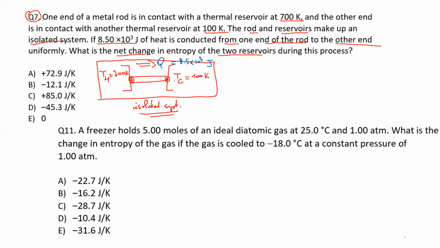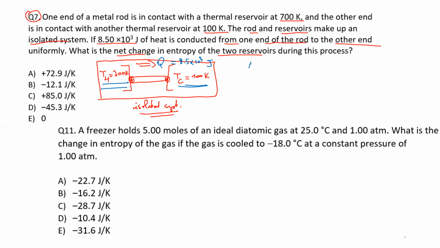The question is, what is the net change in entropy of the two reservoirs during this process? These two reservoirs are reservoirs by definition, so the absorption or release of heat will not change much the temperature, but it will change the entropy. The temperature will be constant.